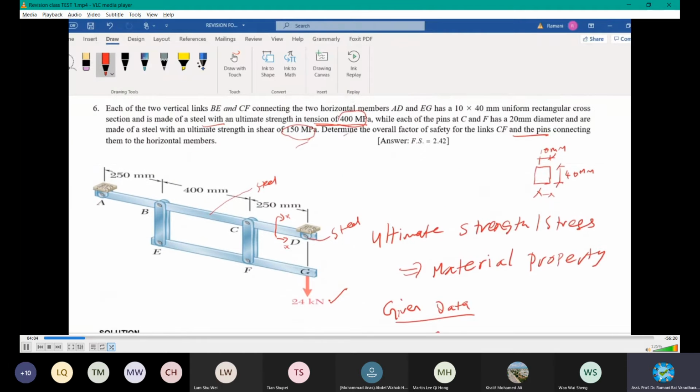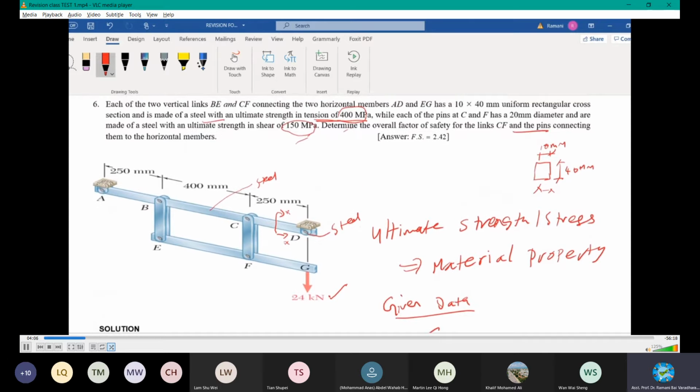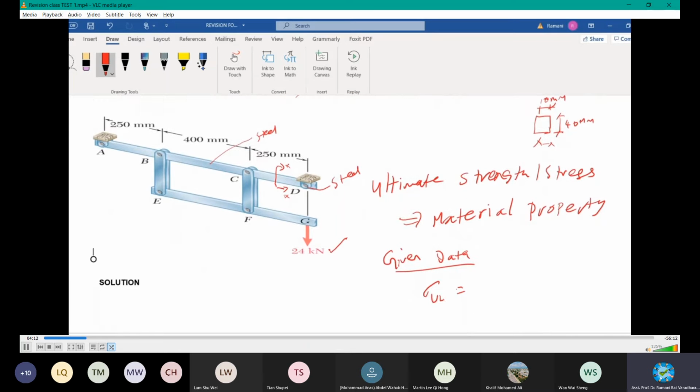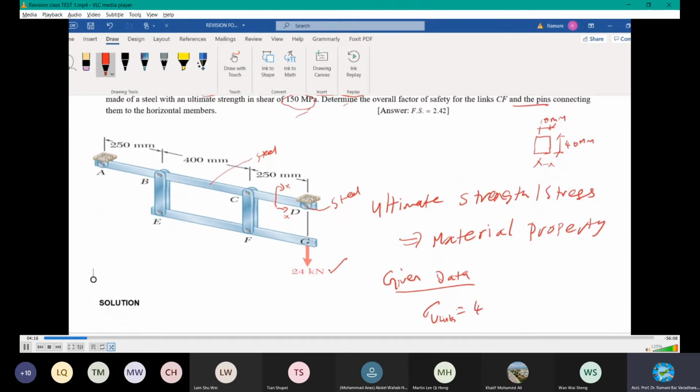Ultimate for the pin and the link, okay? Link and the pins are given to you. Let it be L, link. Ultimate strength of the link is given as 400 megapascals. And then ultimate strength of the pins is given as 150 megapascals.